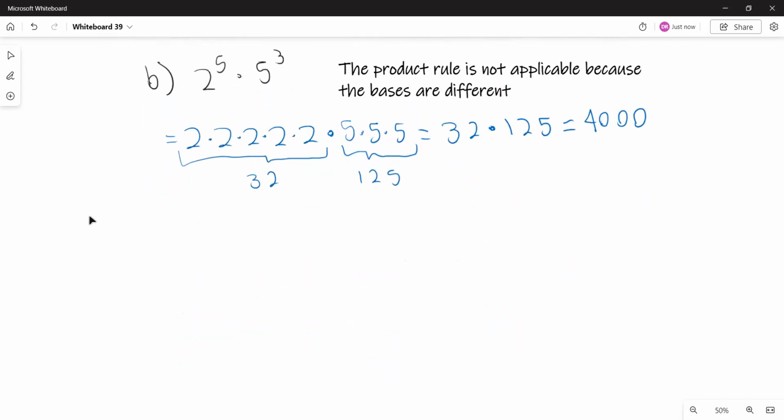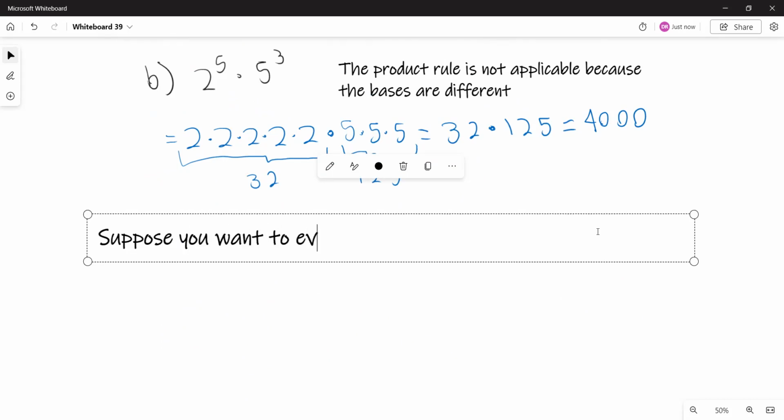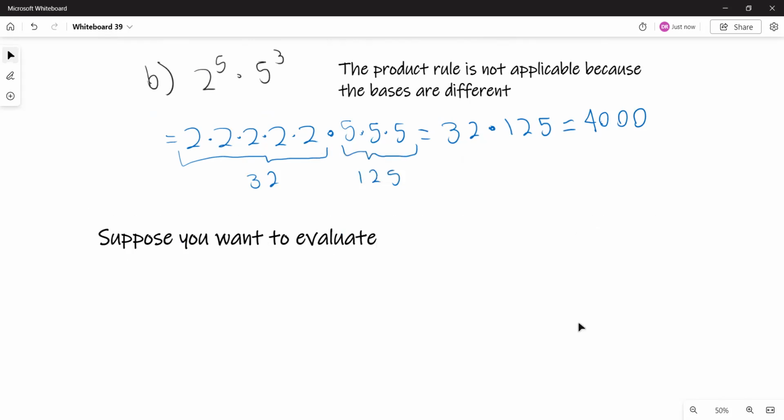Okay, the next rule. Here's the situation. Let's suppose you want to evaluate 2 to the third power raised to the fourth power.